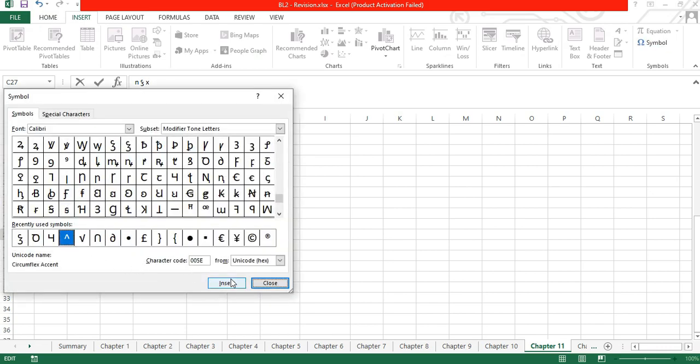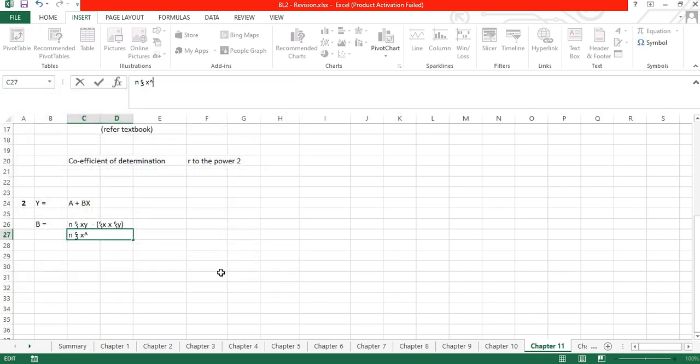You have to basically apply the formula and insert the figures. Right. So that is the equation for B.